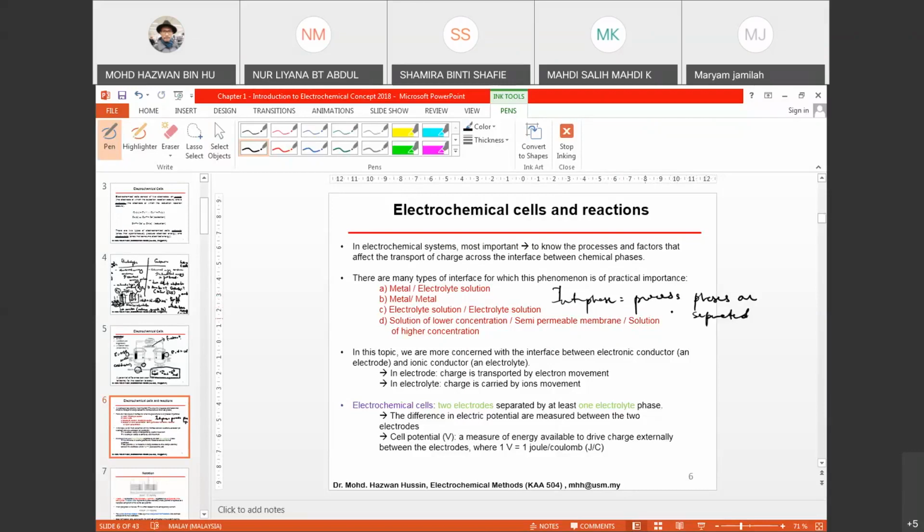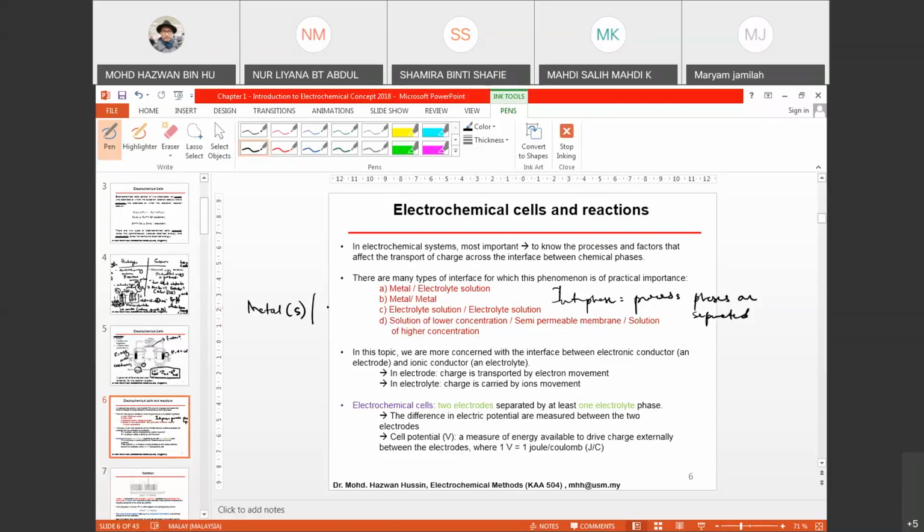So for metals, electrodes, what will be the phase? The phase will always be solid. Metal, the phase will be solid, and then between electrodes and electrolyte, you have a boundary.